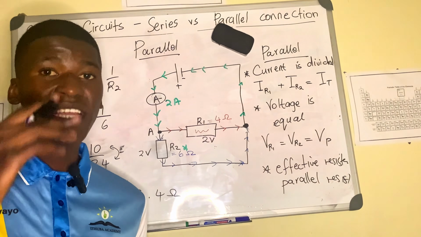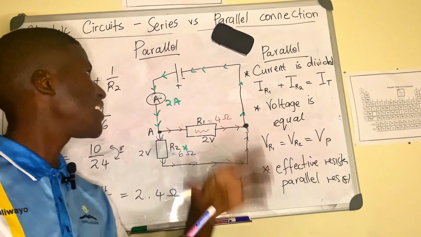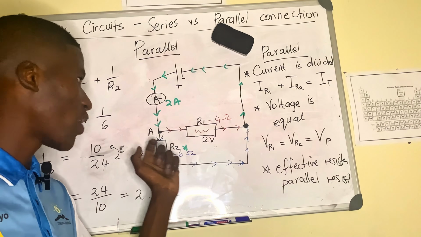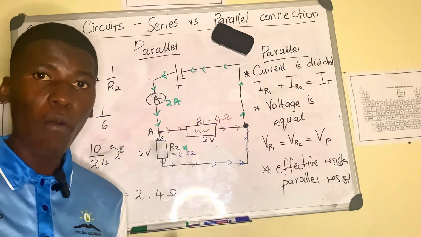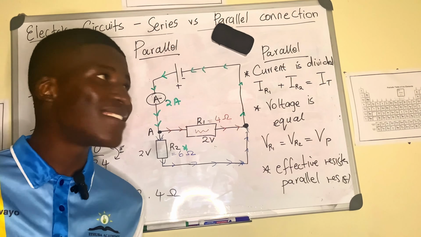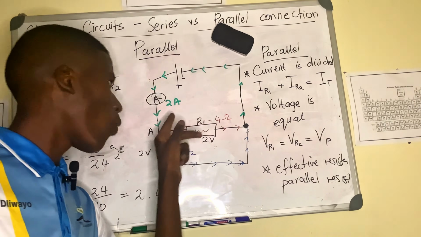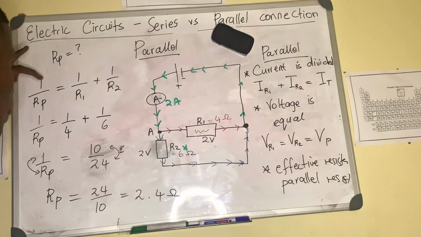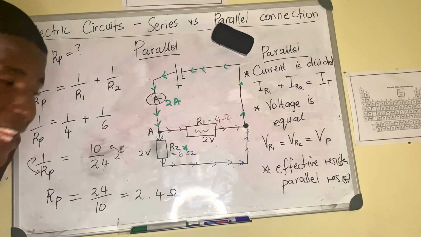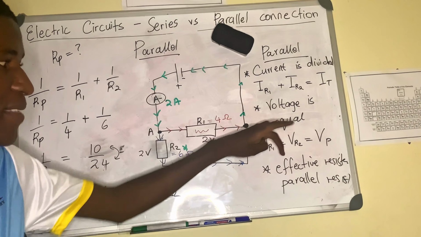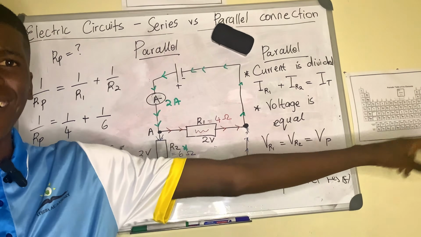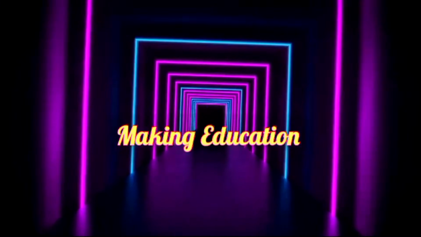You only do that when you're doing series circuits. But in a parallel combination, like here where R1 is parallel to R2, to combine those resistors you would say 1 over R1 plus 1 over R2 is equal to 1 over R parallel. R parallel is the same thing as effective resistance, parallel resistance, or total resistance.